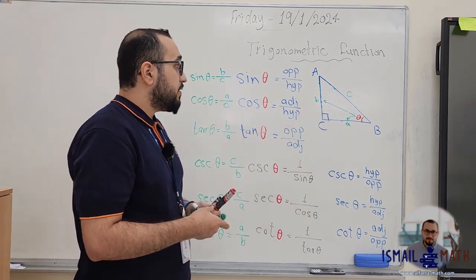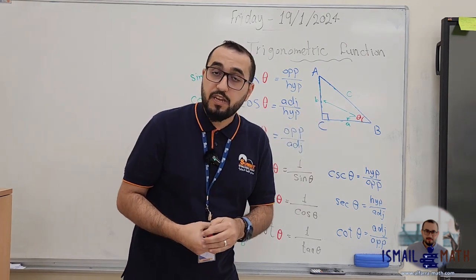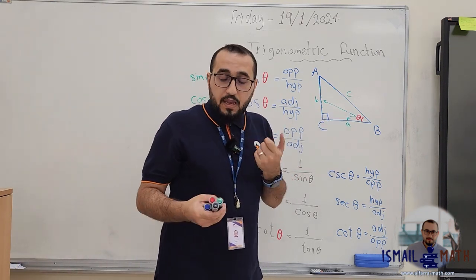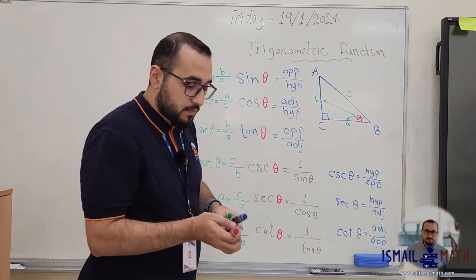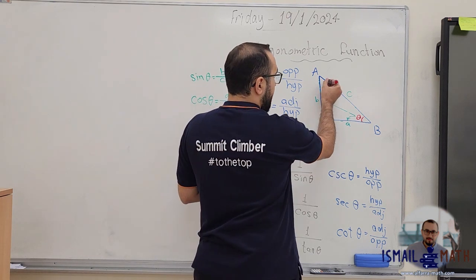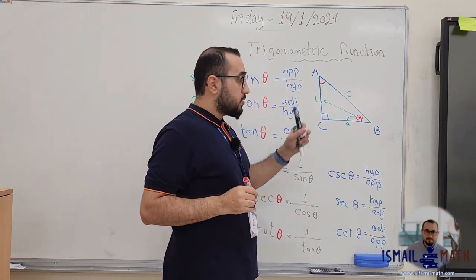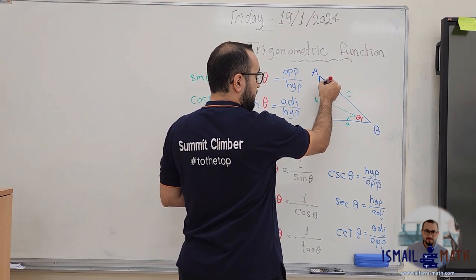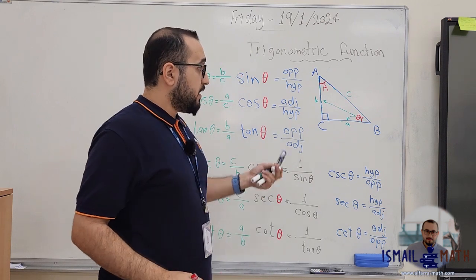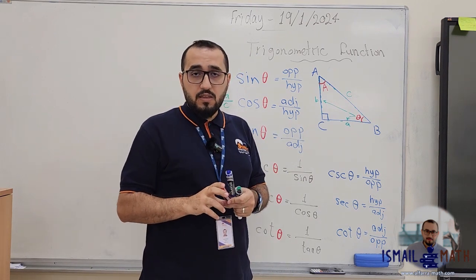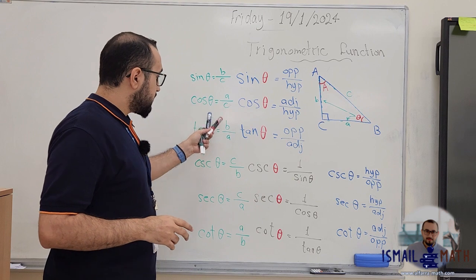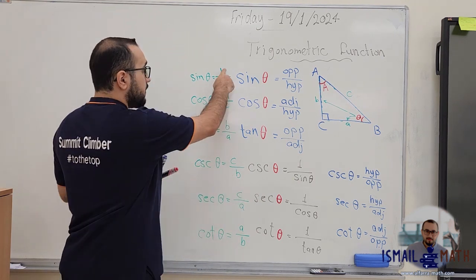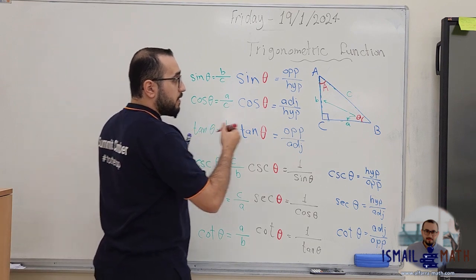So as you can see, this is the trigonometric ratio and how we can find the functions of theta. If I change the angle, let's say I have this angle here, let's call it angle A. If I need to find the functions of angle A, the only thing that will change is the sides.